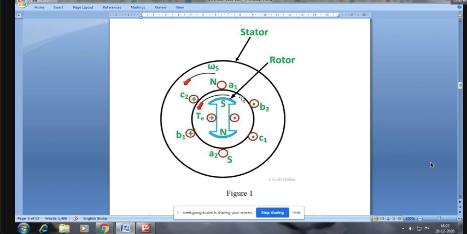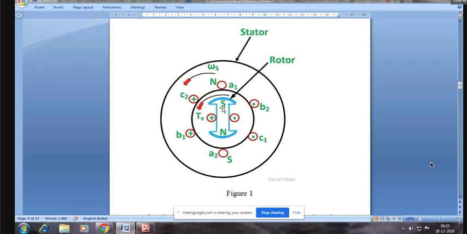Right. Now, what happens is the rotor, though it is now being moved by the torque, the speed at which the rotor rotates will be very, very less compared to the speed at which the stator magnetic field rotates. Are you able to follow this? Yes, sir. And because of the inertia, the rotation of the rotor will be very, very slow initially.